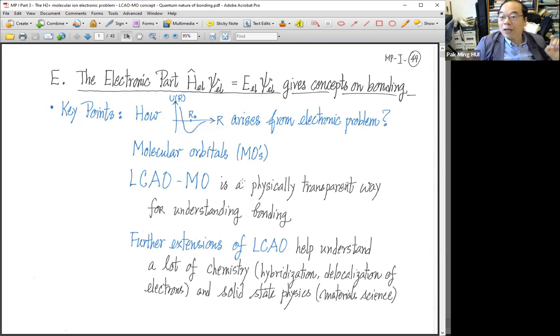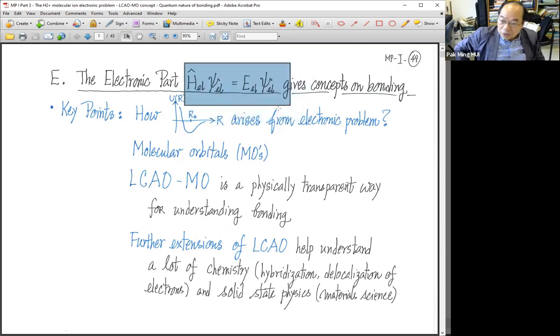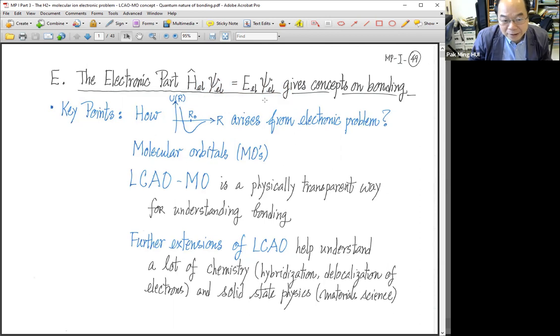Now we go back and focus on how to get some good physical sense in solving the electronic part. It means, can we get a good sense of how bonds are formed? In doing so, we would like to introduce the idea of molecular orbitals, or MOs for short.